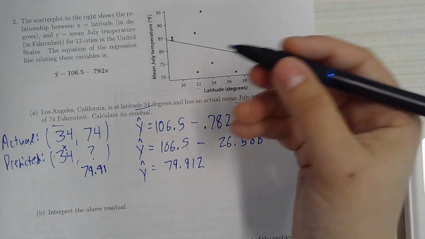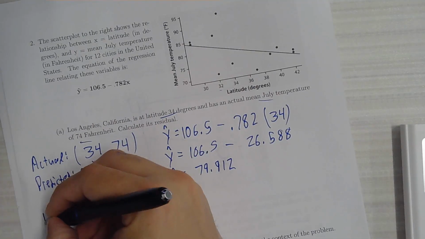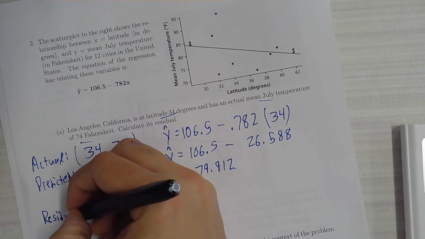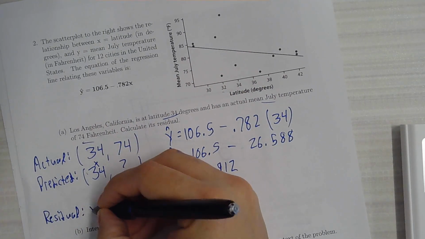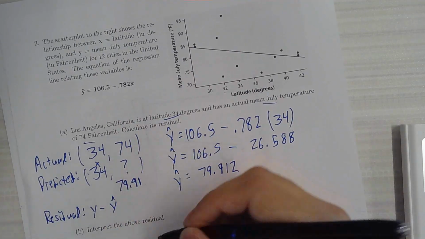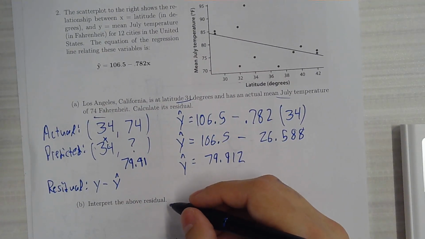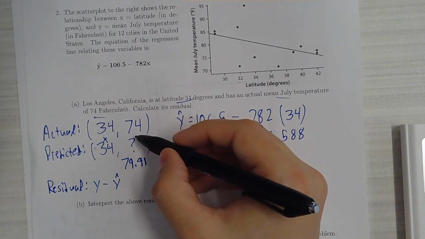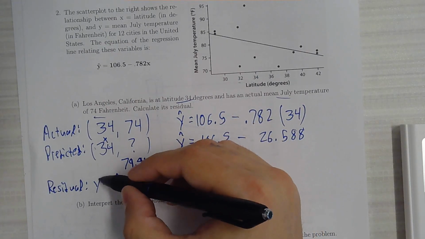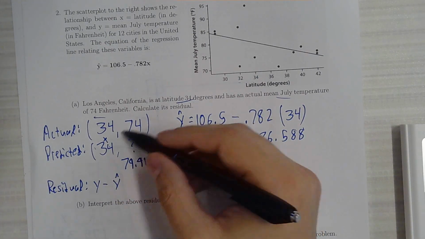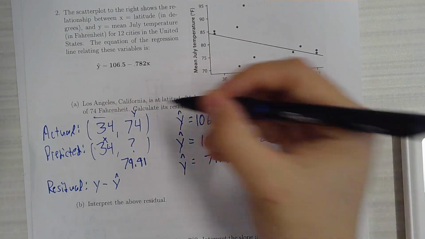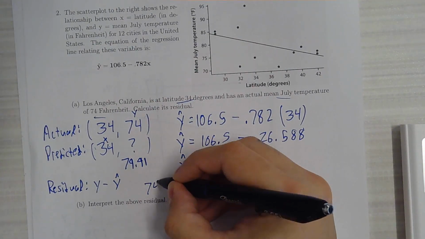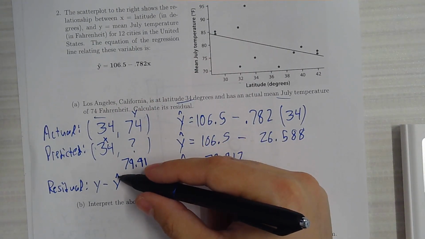All right, now the residual, the formula for the residual is going to be y minus y hat. That's in your formula sheet. Now, what is y? Y is the actual thing that happened, the actual y. That's going to be 74 minus, what did that y hat mean?